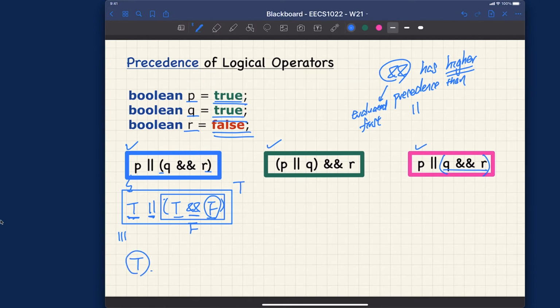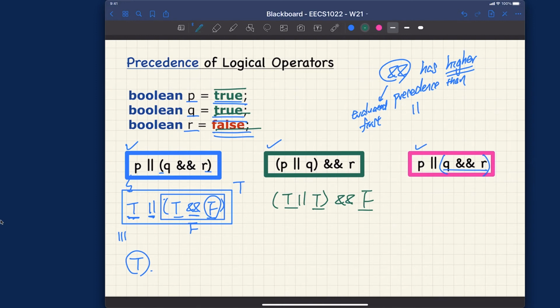What about the green one? Here we have parenthesis true or true, and then false. You can see the correspondence here.